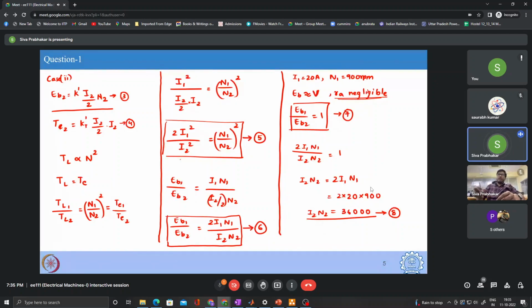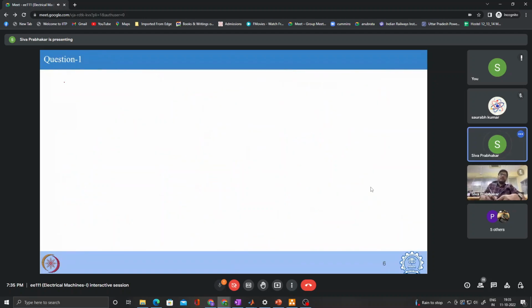And from this you can write that 2 into I1 by I2 the whole square equal to N1 by N2 whole square. Now I simply can take the square root of this, that is root 2 into I1 by I2 will be equal to N1 by N2.